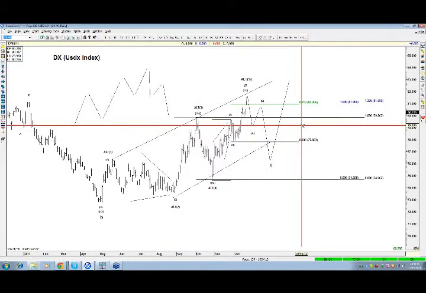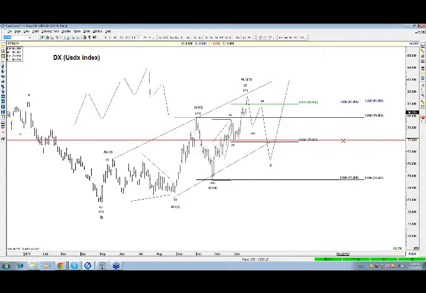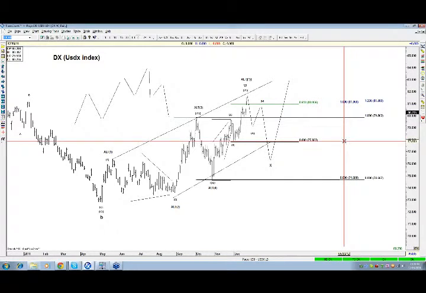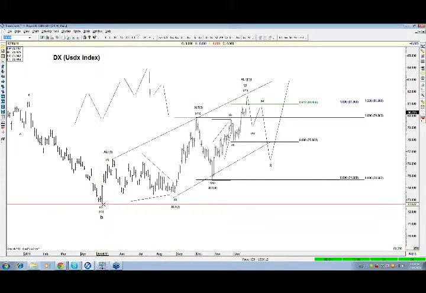So with that in mind, we still believe there is possible more US dollar strength. We are not denying more US dollar strength. We believe that the trend right now is very clear.